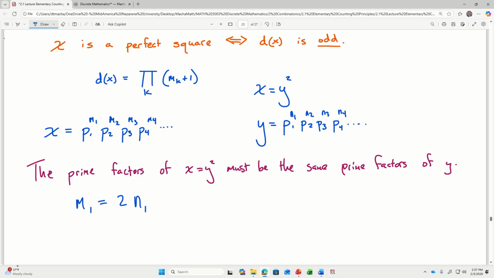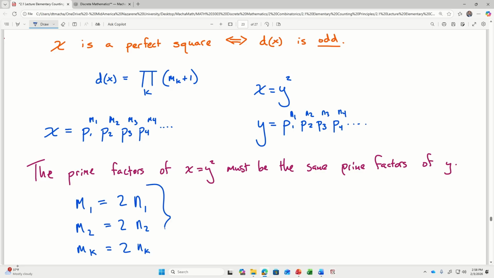Nice. And for that matter, how is m2 related to n2? Yeah, for every single prime factor, the multiplicity you get in the x prime factorization is twice the multiplicity you get in the y factorization.